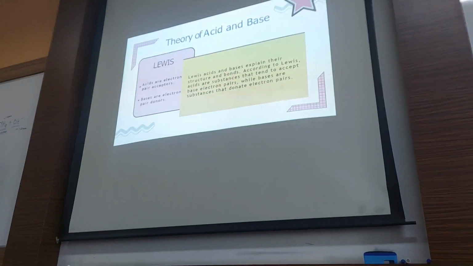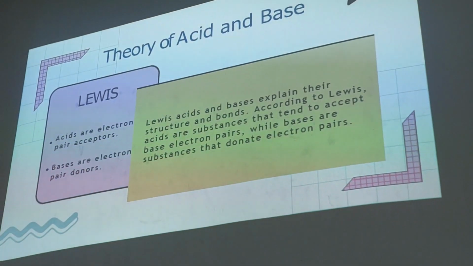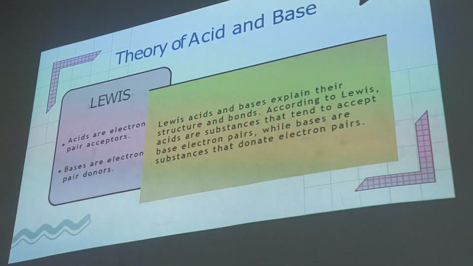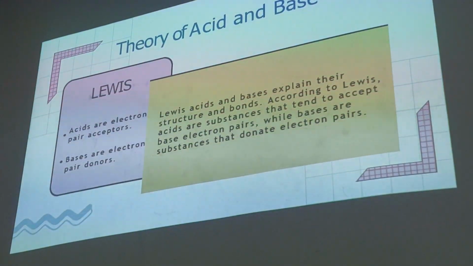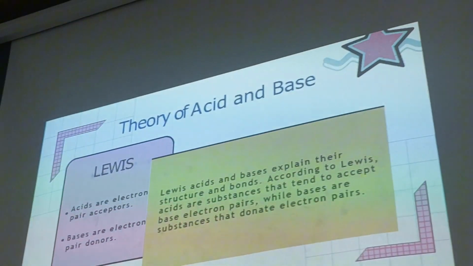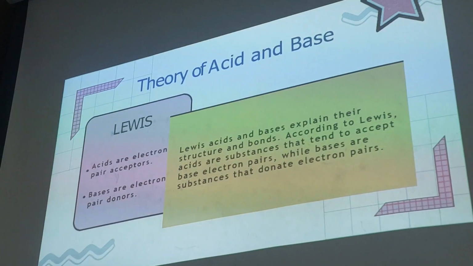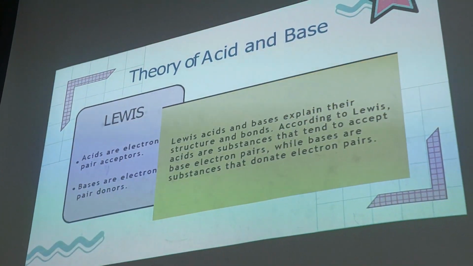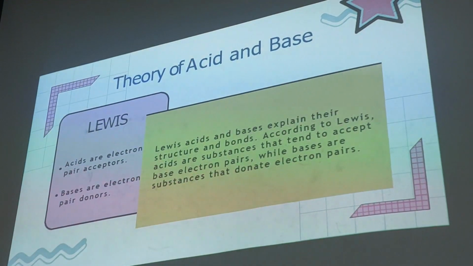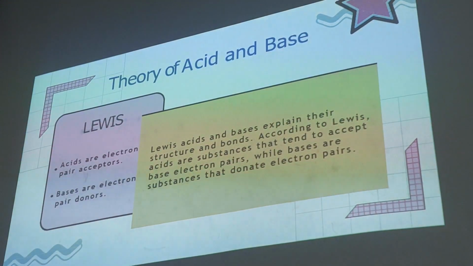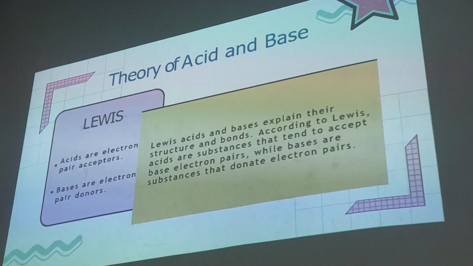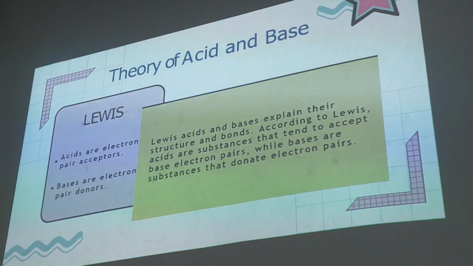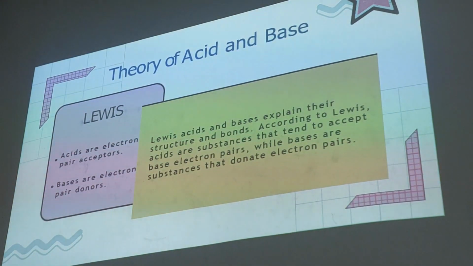Okay, the third one is Lewis. Lewis said it's different from Bronsted and Lowry. Lewis said that acids are electron pair acceptors and bases are electron pair donors.